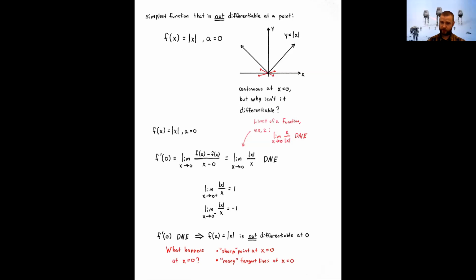All right, that's related to differentiability in some way, which we'll define clearly momentarily. The other thing I want to point out is this function, absolute value of x, at 0 lacks a single tangent line. In other words, at x equals 0, this function or its graph does not have a unique tangent line.